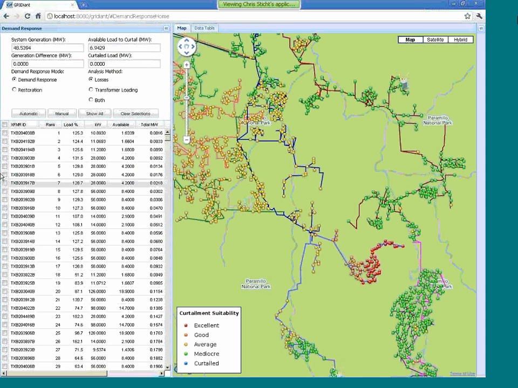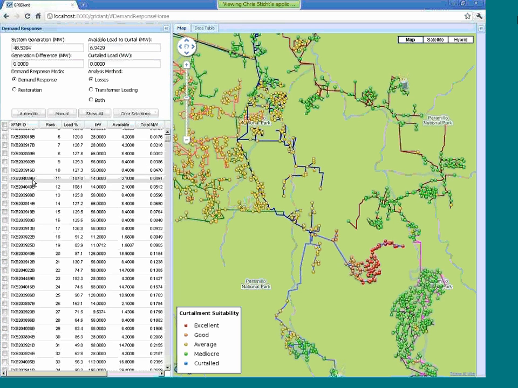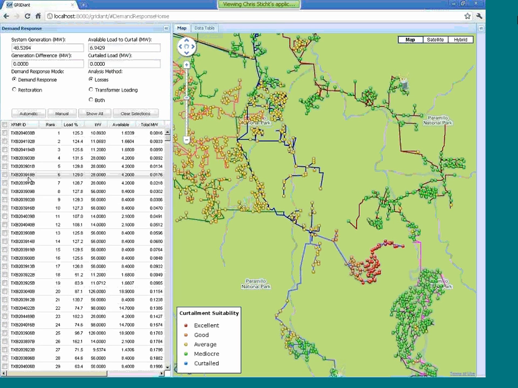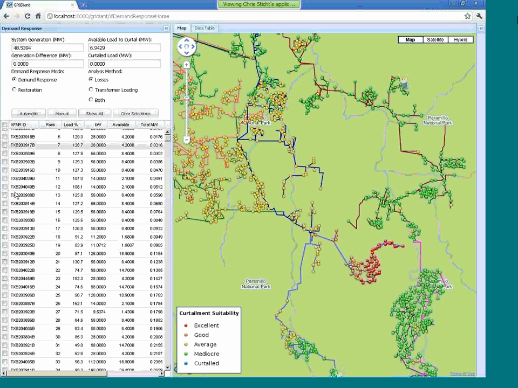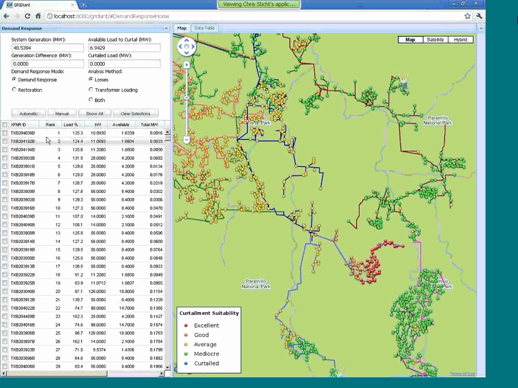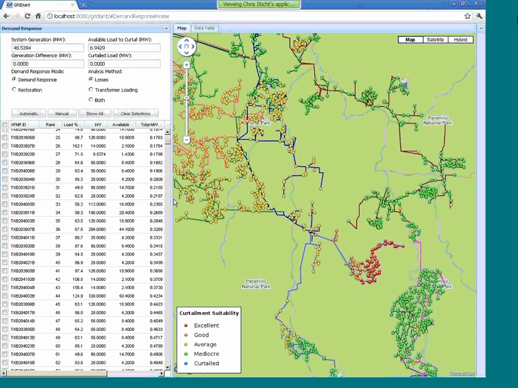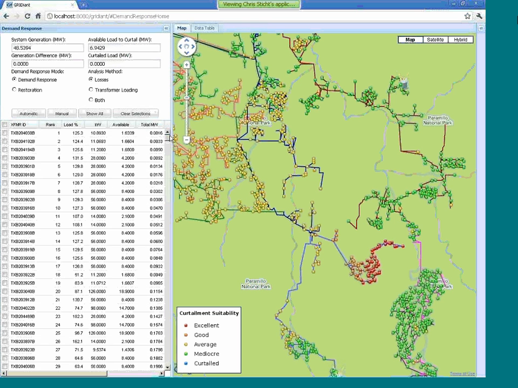Here are all the customers on this map. They're listed by transformer ID and ranked. Rank 1 is the most lossy customer, and it goes all the way through, a lot of customers on here. Let me curtail 1 megawatt of load, and I'll show you what that means at the substation.